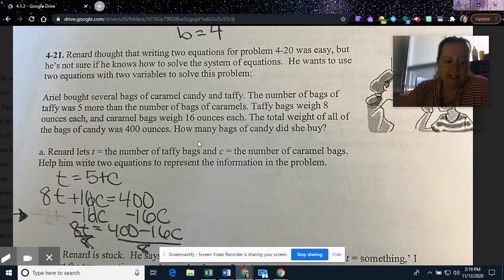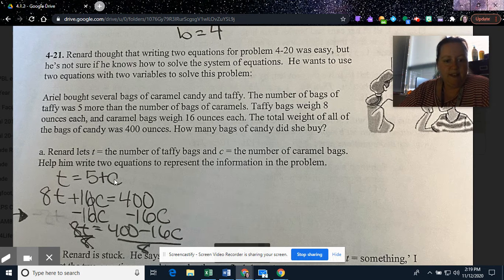So Renard lets T equal the number of taffy and C be the number of caramel. Help him write two equations. So it says the number of bags of taffy was 5 more than caramel. So if C is caramel, you'll do 5 plus C to get taffy.